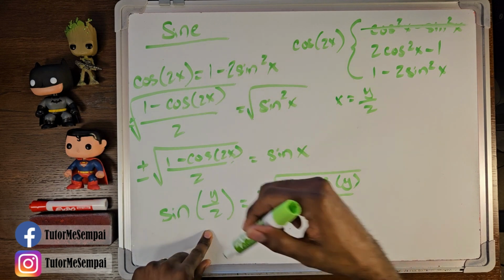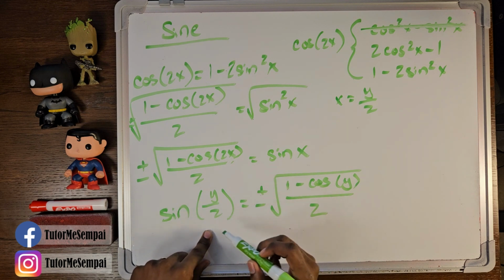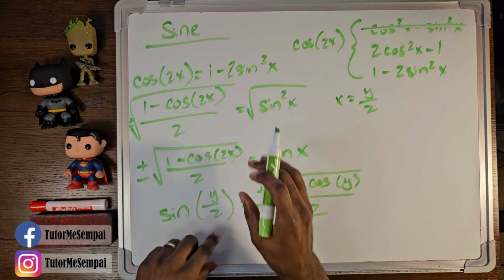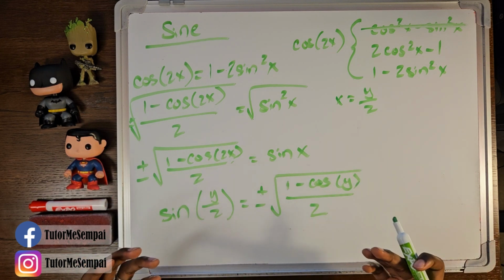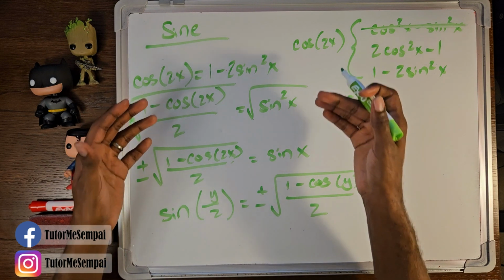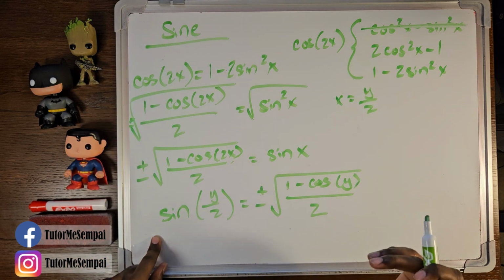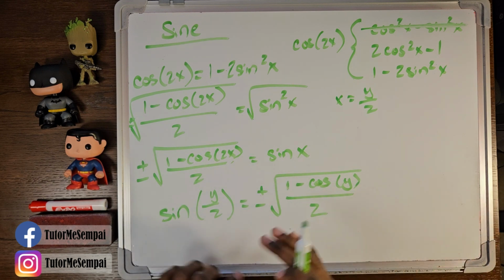You don't naturally just change this 2x or this x into half angles. There's a step involved. I don't want you to think that you can just magically make them half angles. But this was just a transition from the double angle identity to the half angle identity. When you're just working with your half angle identity, this can be any variable you want: x's, y's, z's, a, b, c's, it doesn't really matter.